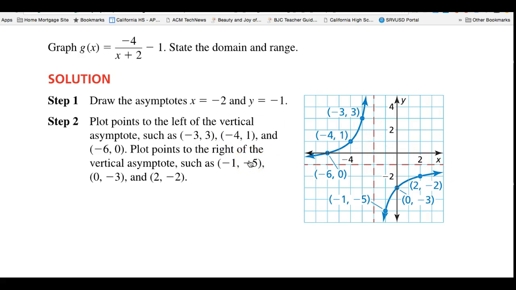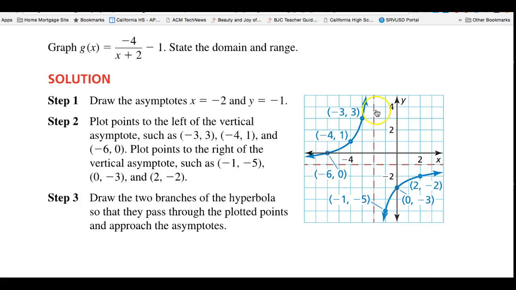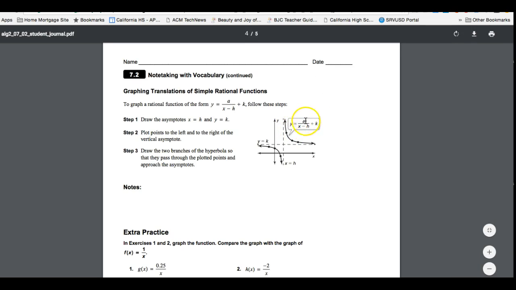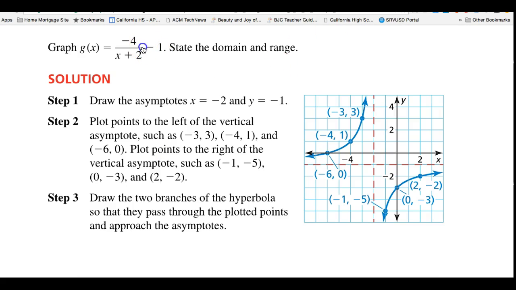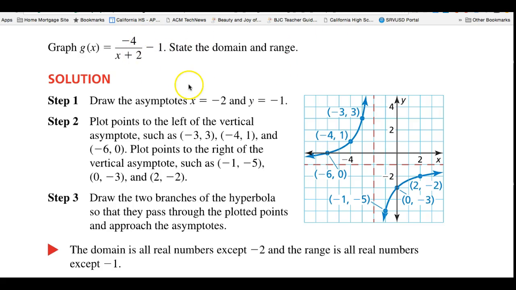So we're going to go ahead and plot those, and then we want to connect them with a nice smooth branch line, hyperbola. And again, remember, this line is going to extend and approach our asymptotes, but never quite hit them. So again, the key here is first identifying your asymptotes. So remember, when you're in the form y equals a over x minus h plus k, your asymptotes are just your h value and your k value.